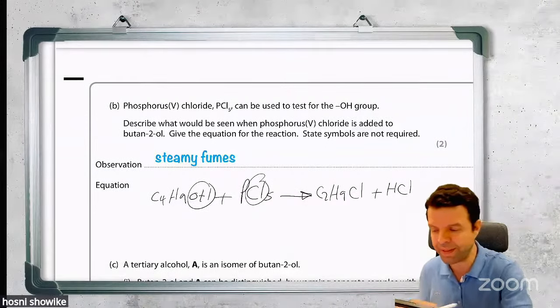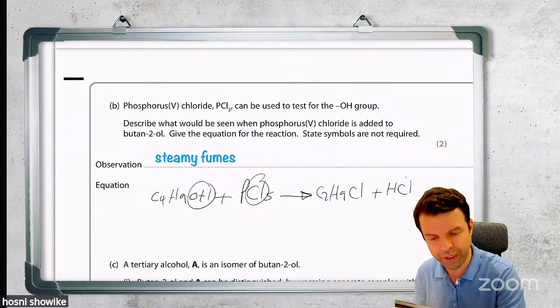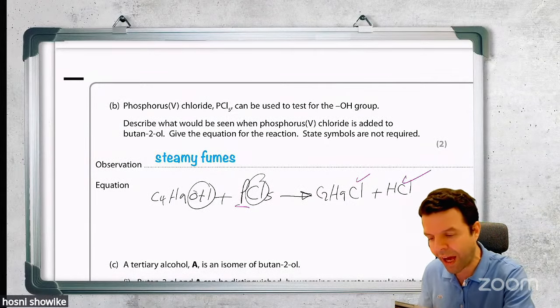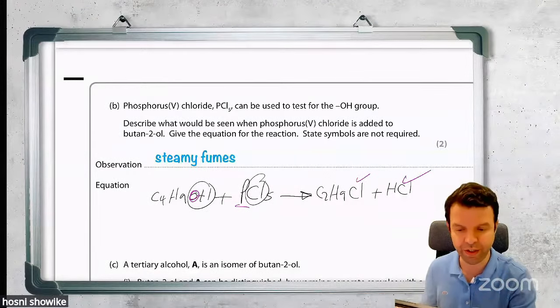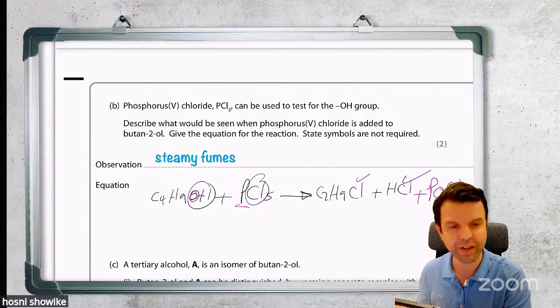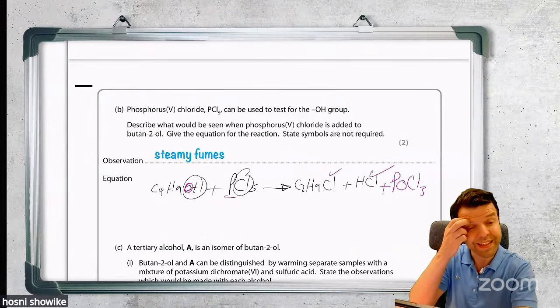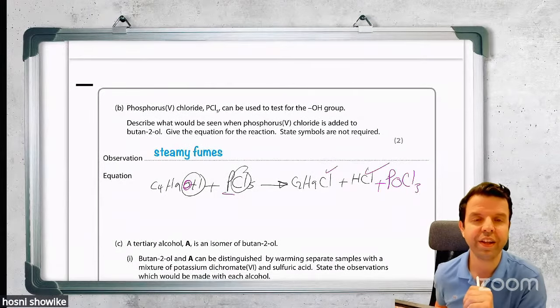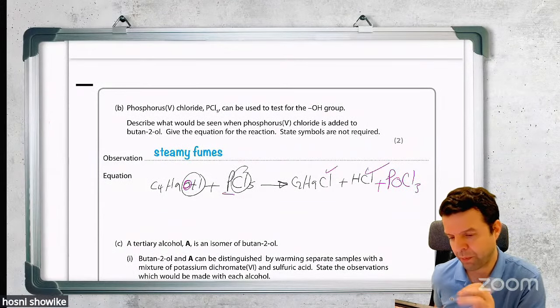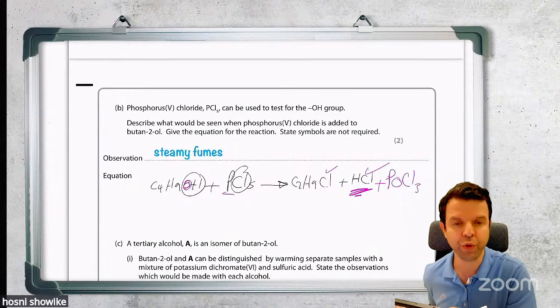C4H9Cl. How many Cl's am I left with now? I've used one here, one here. I have the P, I have the O, and I have 3 Cl's. So now I write the other product, POCl3. By the way, that's a test. That's how you identify the alcohol group, by the steamy or misty fumes.